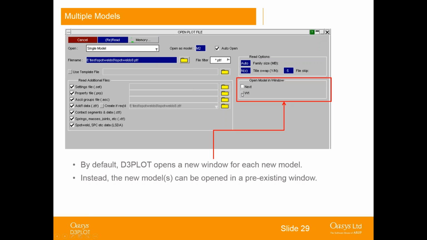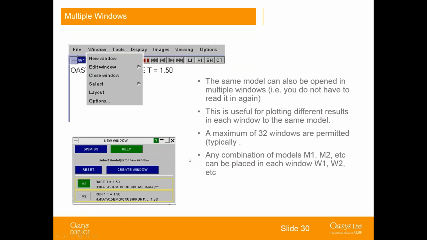So we can have our 32 models all in different windows, or all overlaid on top of each other on the same window. We can also just open one model and have several different windows with different views for the same model. Again, we have a maximum of 32 windows.